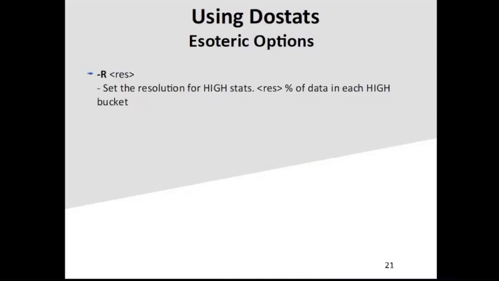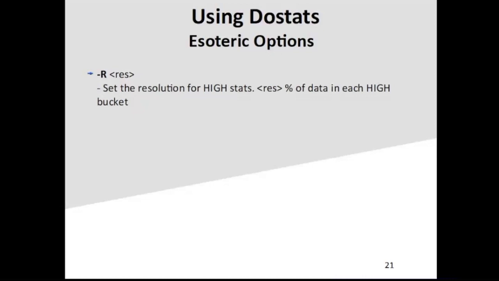Okay. Now, the next series of options let you adjust the update statistics commands that Dostats will run. So for example, --R lets you set the resolution for the update statistics high commands that Dostats is running, which is the percent of data, the percentage of rows that are in each high bucket, right?